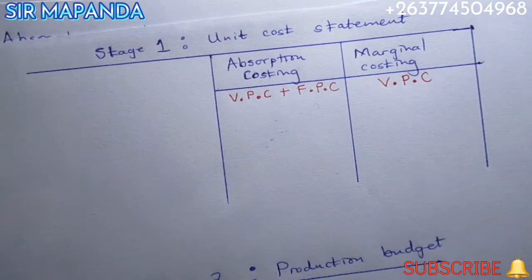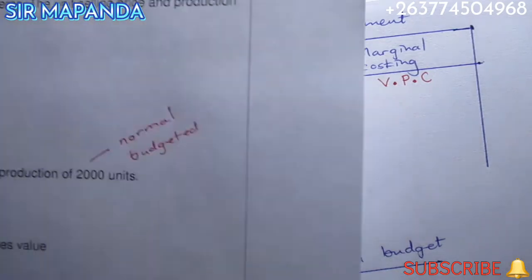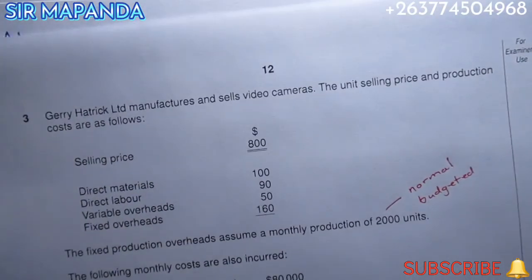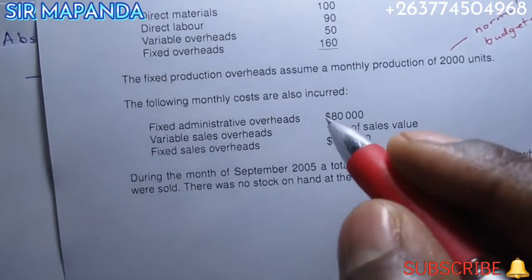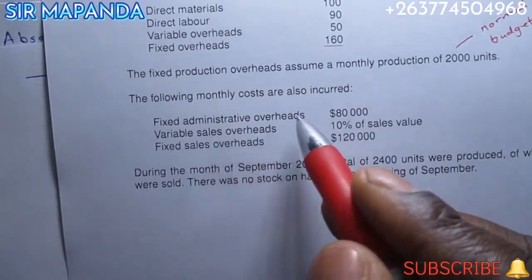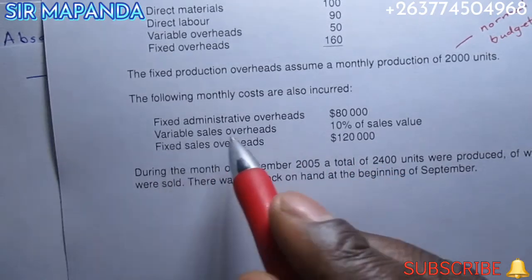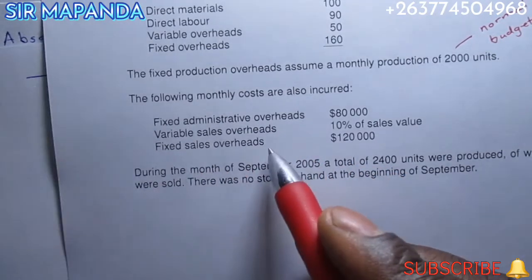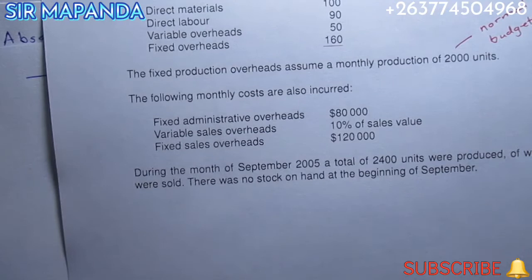So I want you to notice something. In the unit cost statement, only unit costs which are related to production are recorded. It simply means administrative overheads, variable sales overheads, fixed sales overheads are not recorded in the unit cost statement. Why? Because these costs are not related to production.